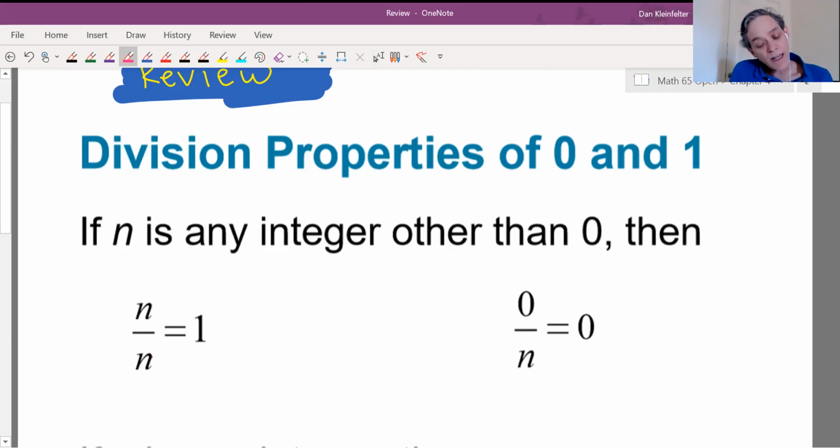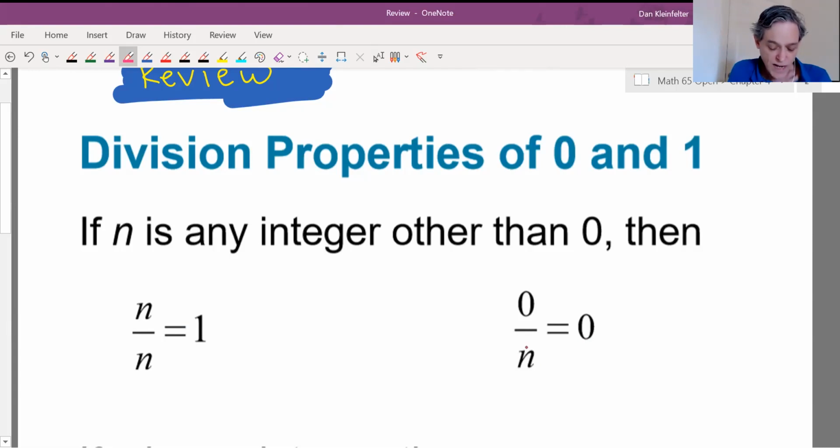So n divided by n is equal to 1. Again, thinking in terms of fractions, if you had a whole cake divided into n pieces and you have all n of those pieces, you have one whole cake. If you have 0 divided by n, where n is not 0, then that will be 0.